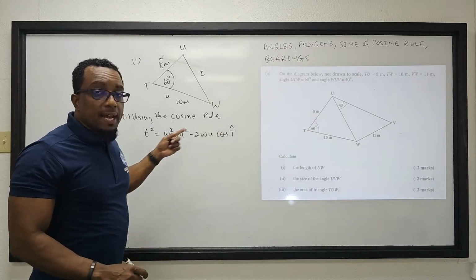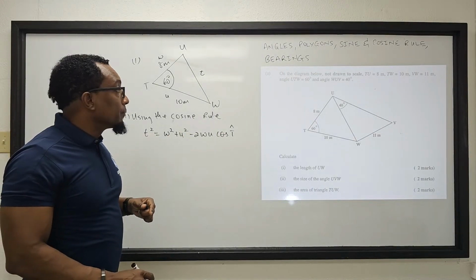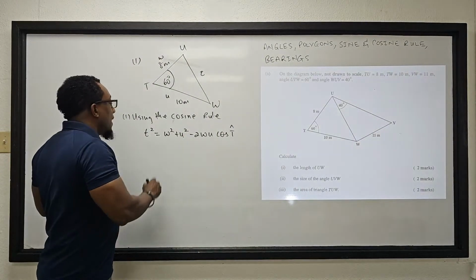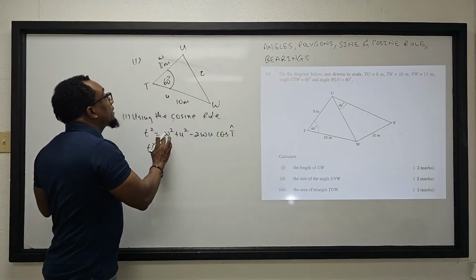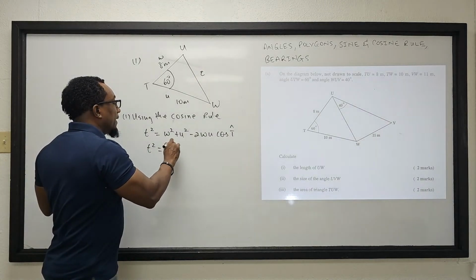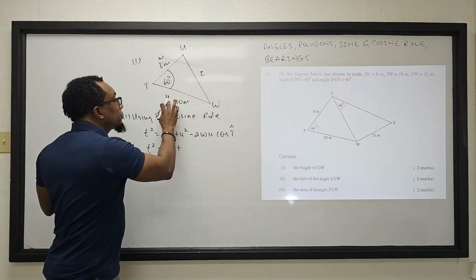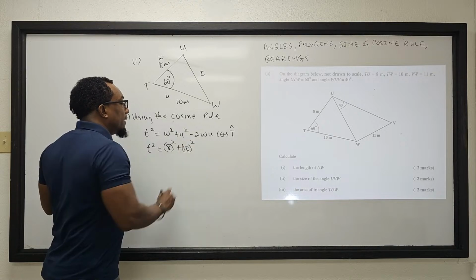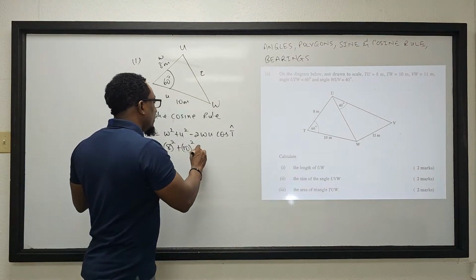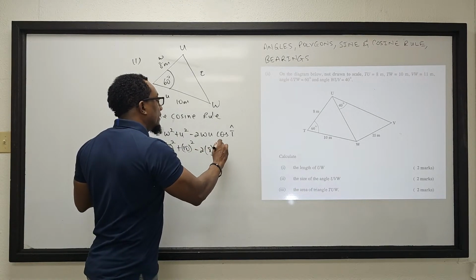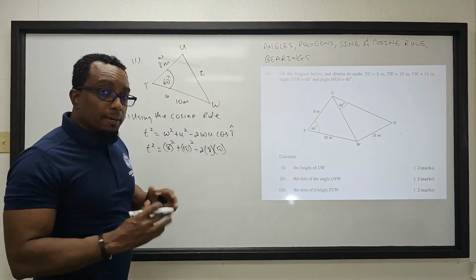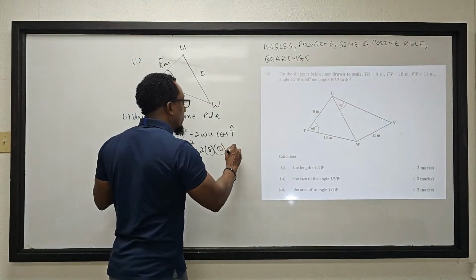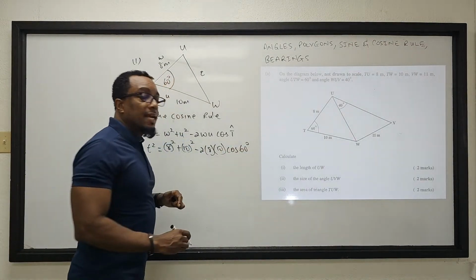This is the cosine rule, a very important rule to know. So this will be t squared is equal to w squared, 8 in brackets squared, plus u squared, 10 in brackets squared, minus 2 times 8 times 10, all in brackets, cos 60 degrees, which is the angle at T.